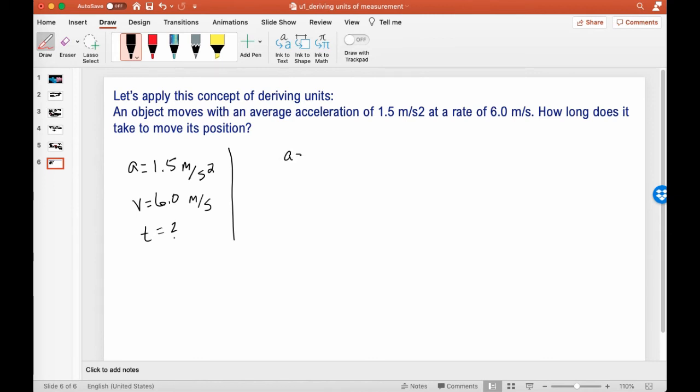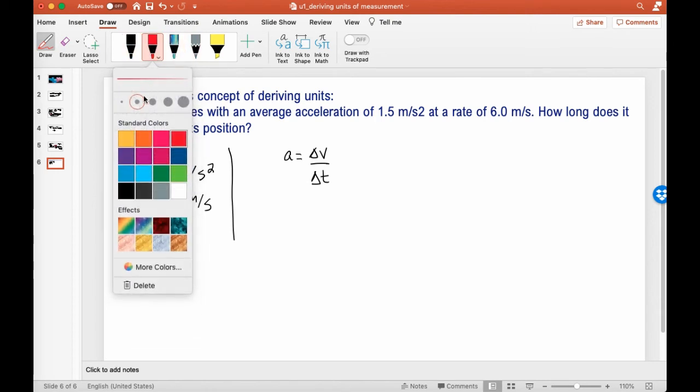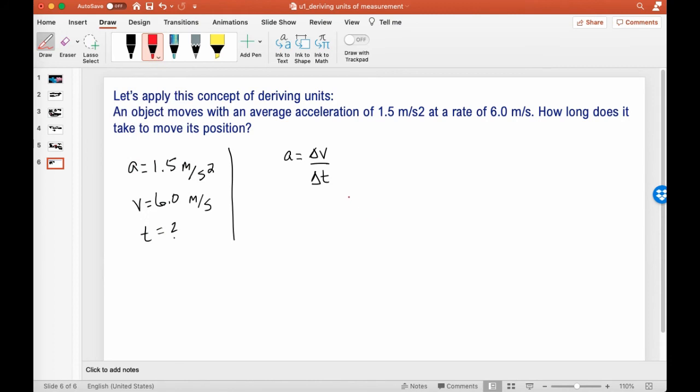So we know that acceleration equals a change in velocity divided by a change in time. We want to solve for time, so what we have to do is multiply this side by delta t and multiply this side by delta t, and now we see that delta v equals acceleration times a change in time.